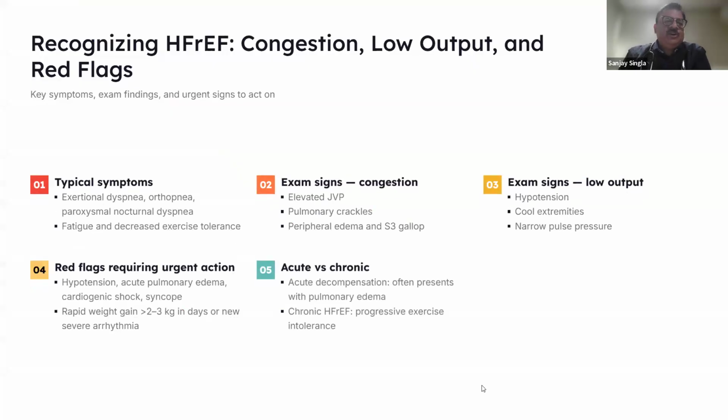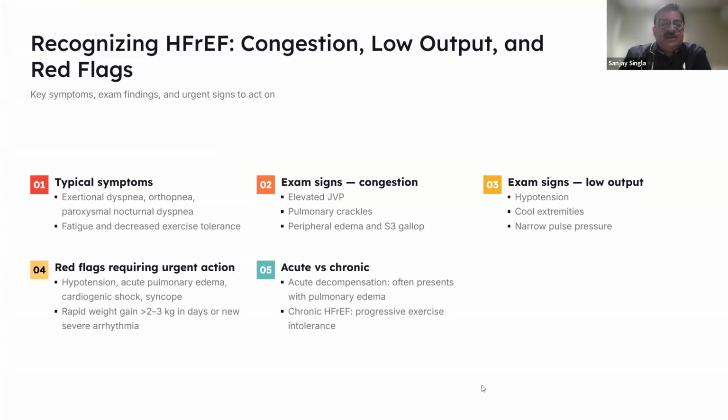So, recognizing HFrEF, what are the symptoms? Congestion with typical symptoms: exertional dyspnea, orthopnea, PND, fatigue, decreased exercise tolerance. Exam signs: elevated JVP, pulmonary crackles, and peripheral edema. Hypotension can be there if it is a low output heart failure, with cool extremities and narrow pulse pressure.